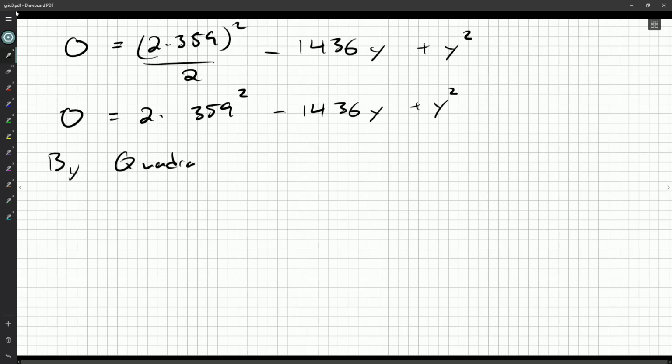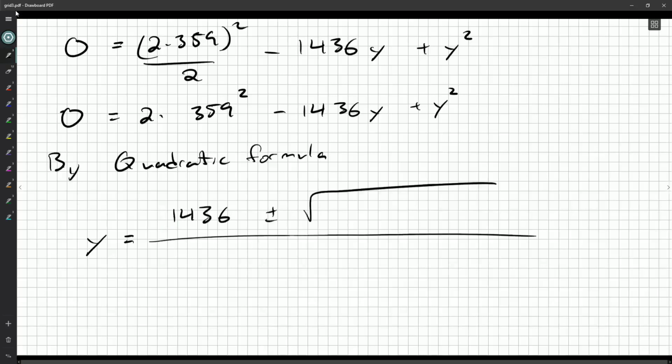So by quadratic formula, y is equal to negative b, so that's just regular 1436, plus or minus square root of, all over 2. So b squared, so that's 2 times 718, so that's 4 times 359, all squared, minus 4ac, all over 2.